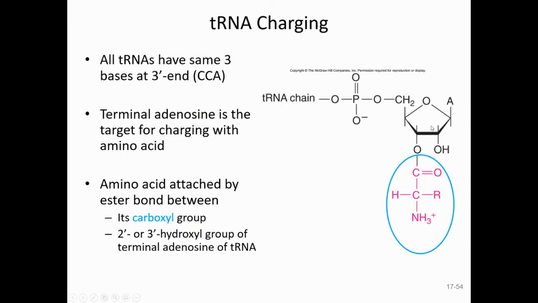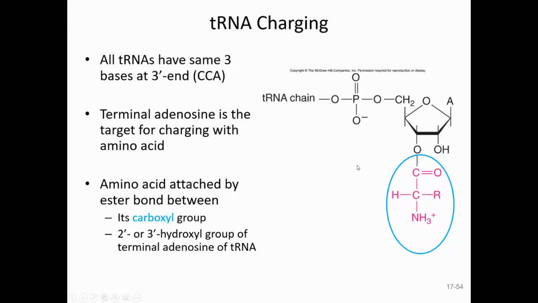The amino acid is attached by an ester bond between the carboxyl group and this 3' hydroxy group. So we have sugar, phosphate, nitrogenous base. This is the adenosine, and this 3' hydroxy group attaches the amino acid.